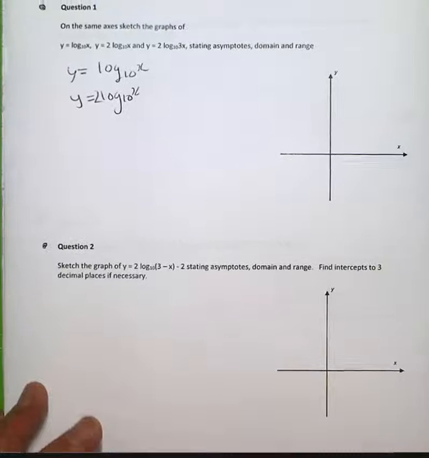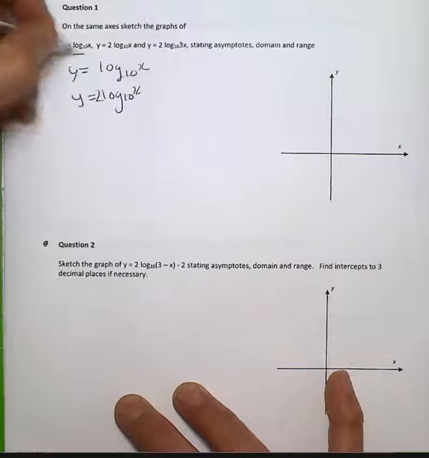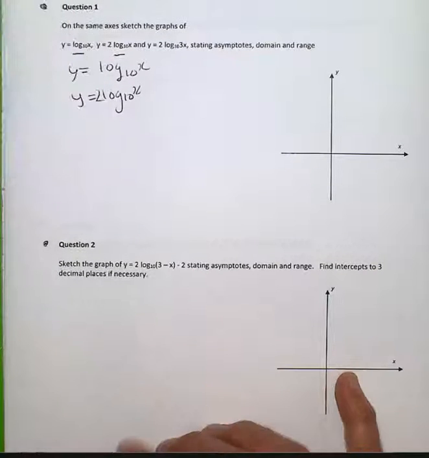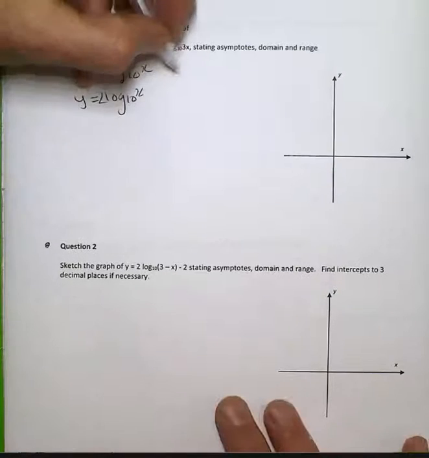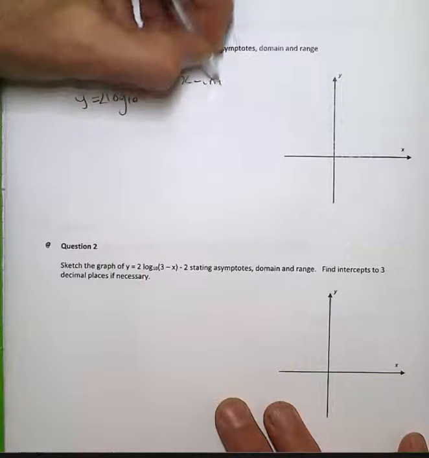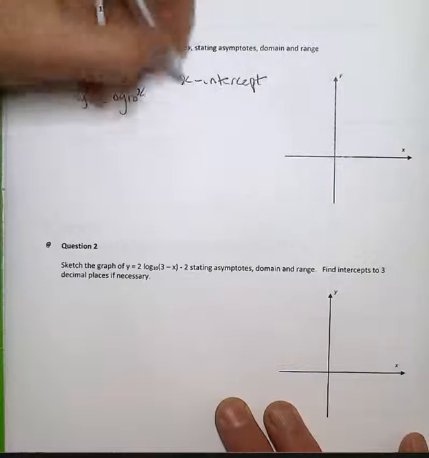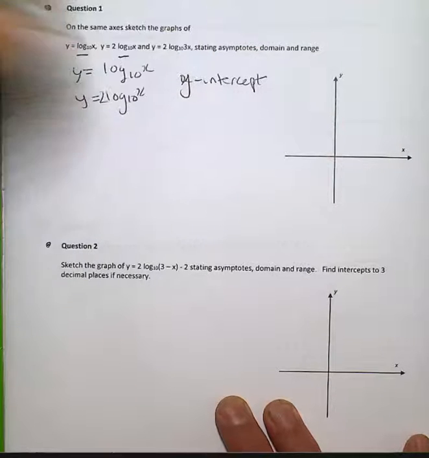In question 1, I'm going to look at log x to the base 10 and 2 log x to the base 10 because they'll share the same x-intercept, obviously have the same domain and the range there as well. What will change is the second point that I choose. So in this case, the y-intercept, sorry, x-intercept, get it right, Gary.